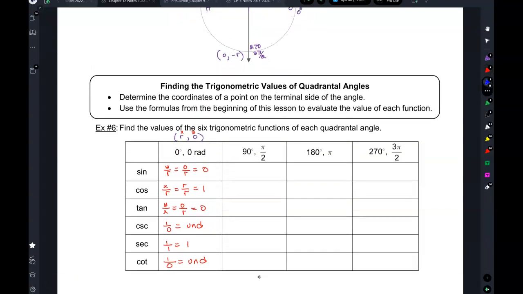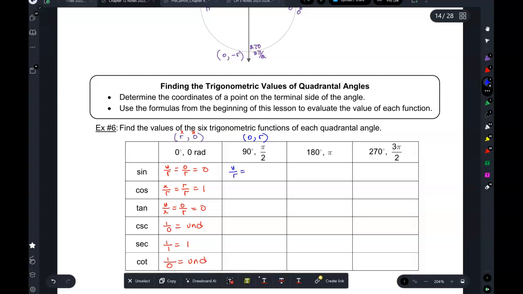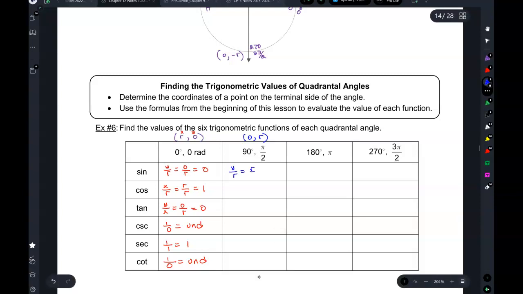Let's do the 90 degrees. 90 degrees, what's the coordinate? What did we just write down? 0, r. Okay, and how big is the radius to that point? R. Okay, so sine is y over r. What's the y value there? R over r, 1. Cosine, x over r, 0 over r, 0.